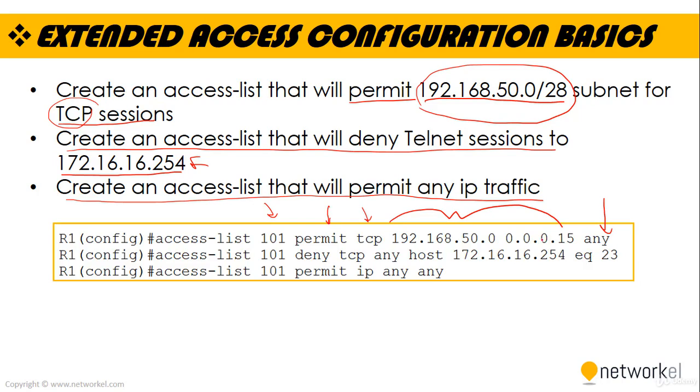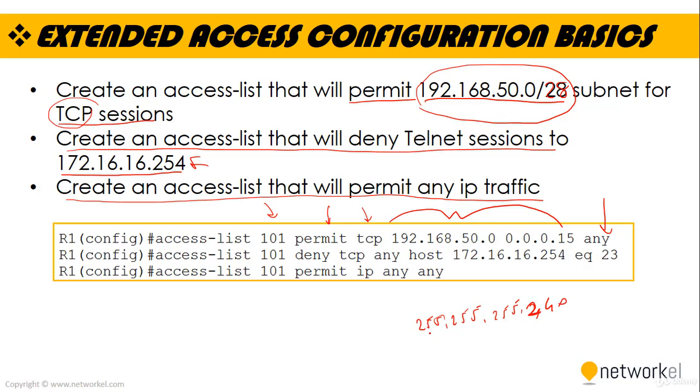As you can see, the wildcard mask is 0.0.0.15 this time for /28. /28 means 255.255.255.240.